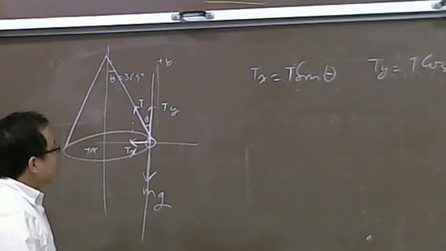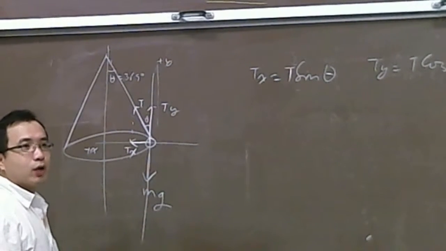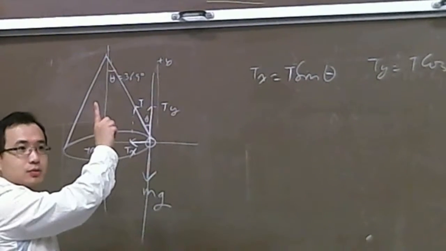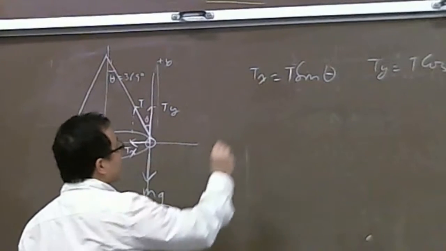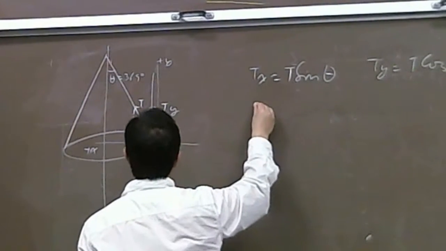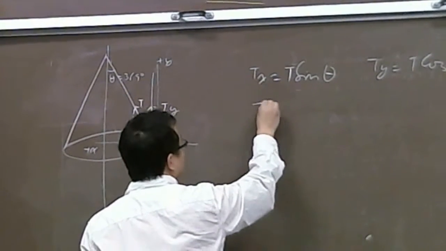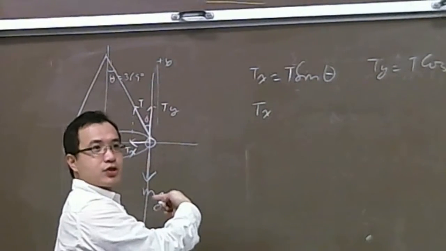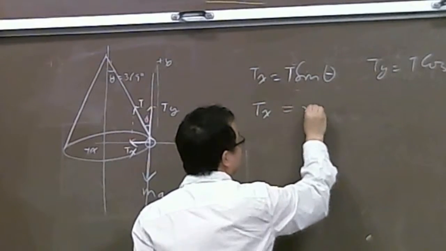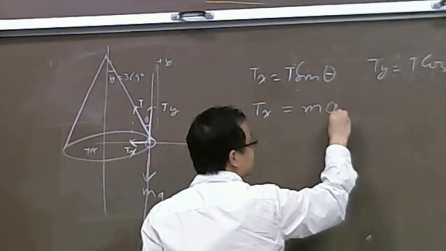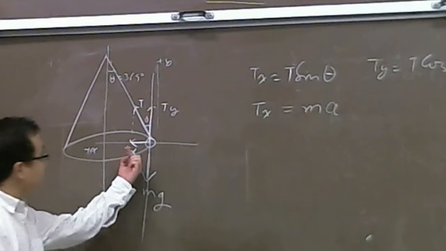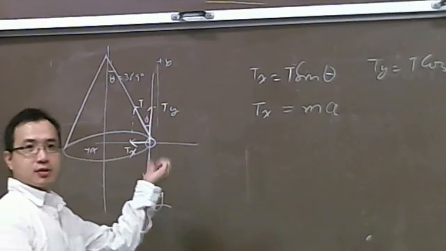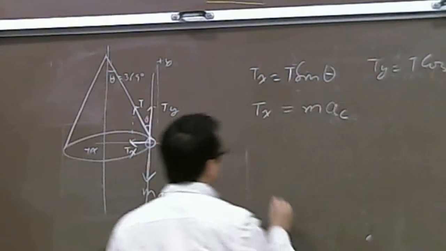Now, if you look at the graph, it's very easy to write down Newton's second law along the x direction and y direction. Along the x direction, the only force is Tx, which gives you Ax, but in this case Ax is actually a_c, the centripetal acceleration.